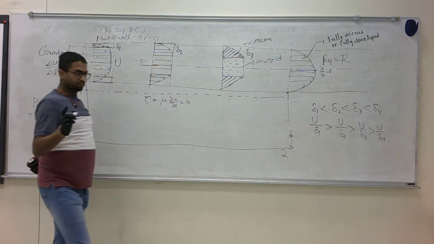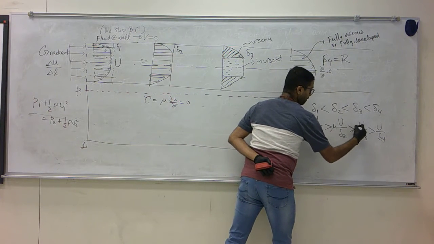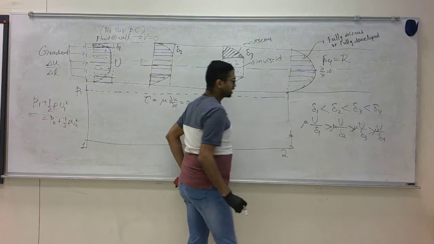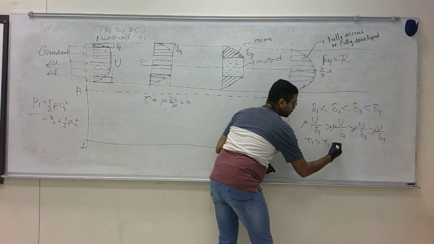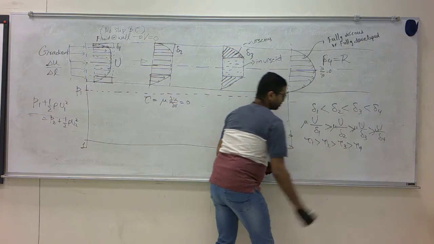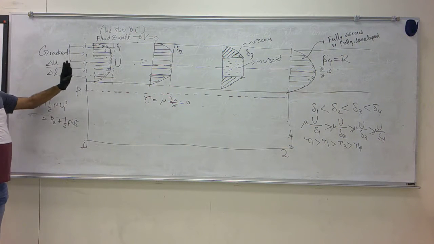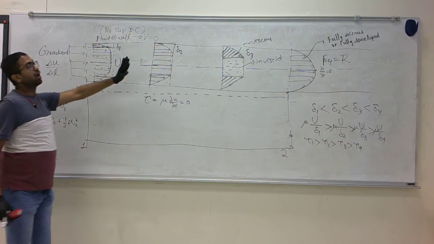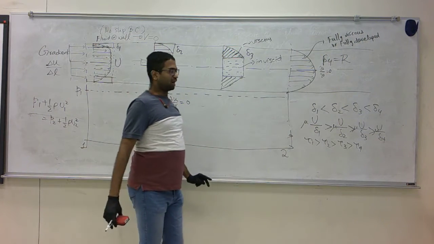Which means the shear stress tau 1 is more than tau 2, is more than tau 3, is more than tau 4. The shear stresses at the locations closer to the start are more than the values of shear stress away from the start.